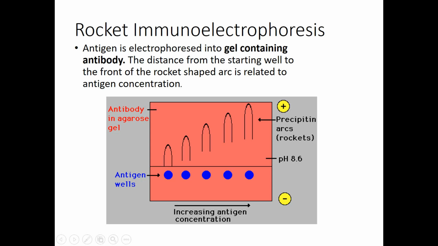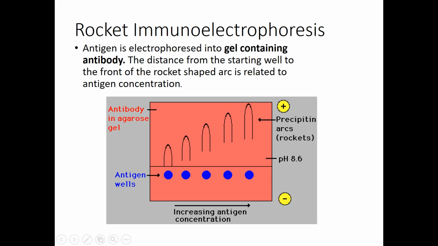So we have these test wells, again, that we cut into the gel. In this case, this is where we're going to insert patient samples, or maybe we need to put in some standards. We're going to pipette a little bit of our antigen source into each one of those wells.